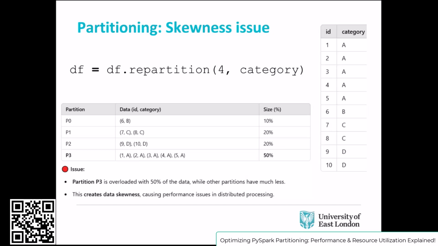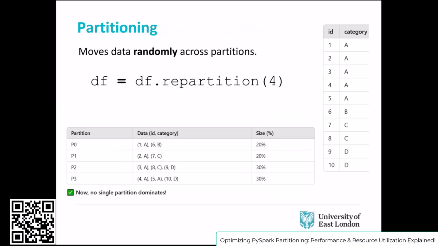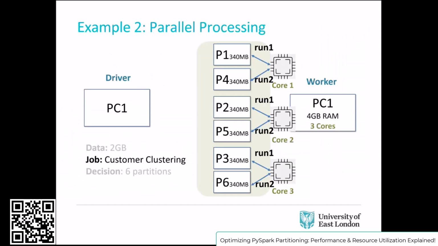What happened here? Who knows what is the concern here? We have one partition with more data. Imagine all partitions are 340 megabytes, and this partition counts 1 gigabyte.